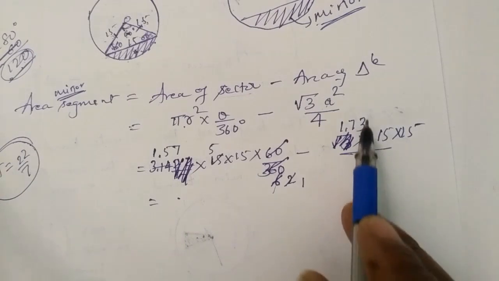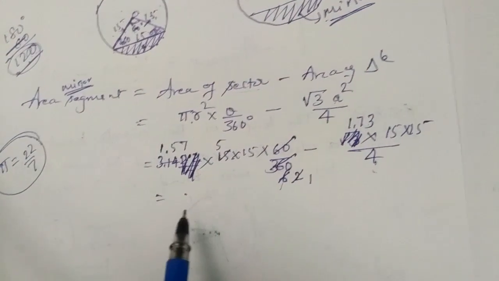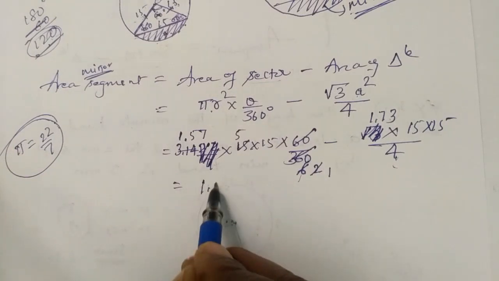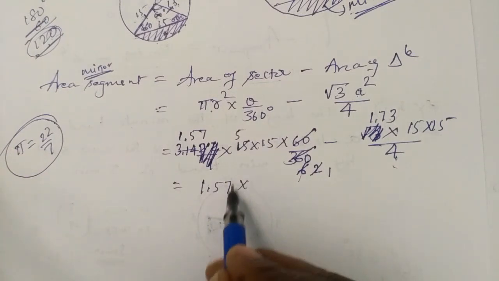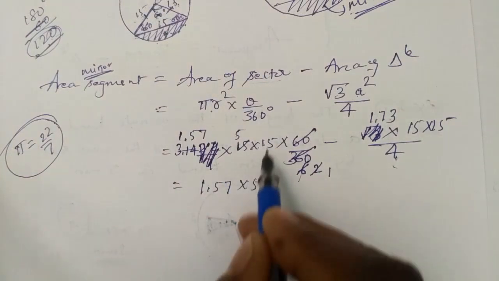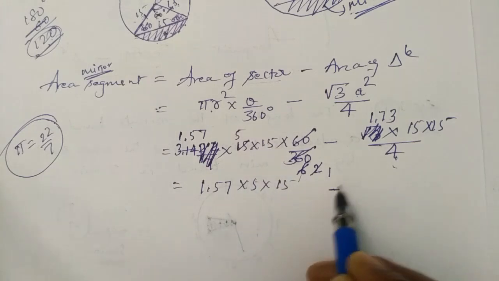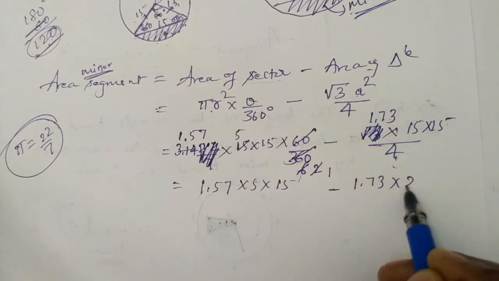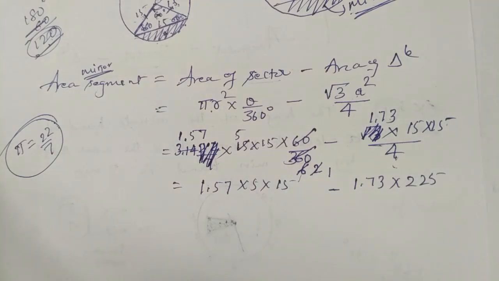Now we cannot divide these any more, it goes into decimals. First we multiply what is remaining: 1.57 into 5 and 15 remaining. Here we take 1.73 into 15 into 15, 225, by 4.